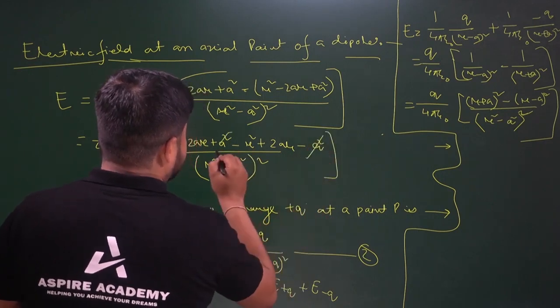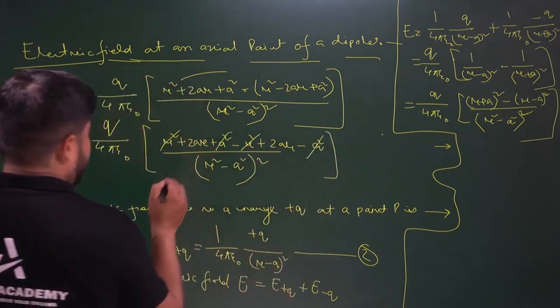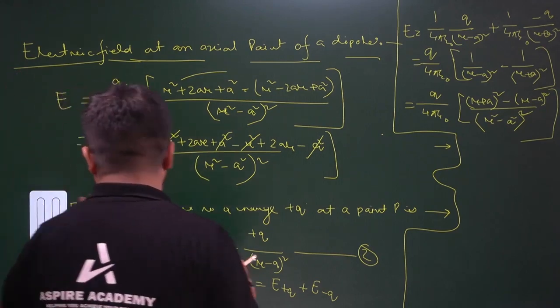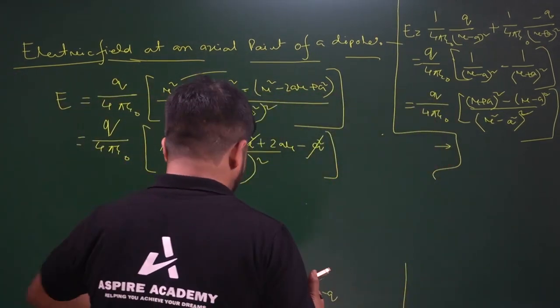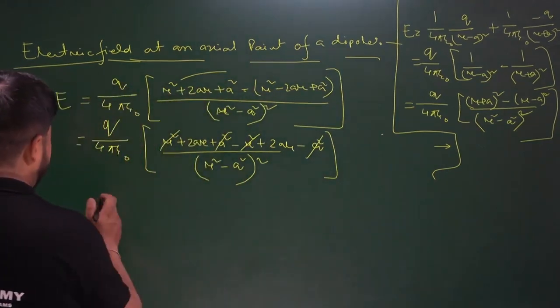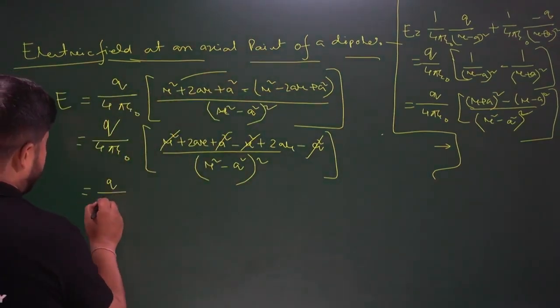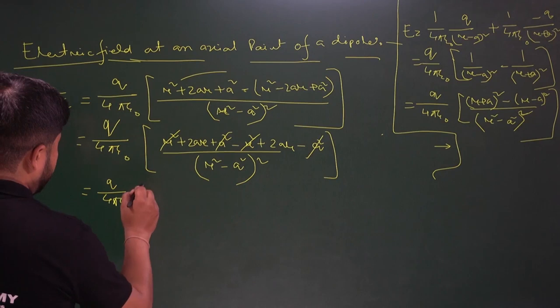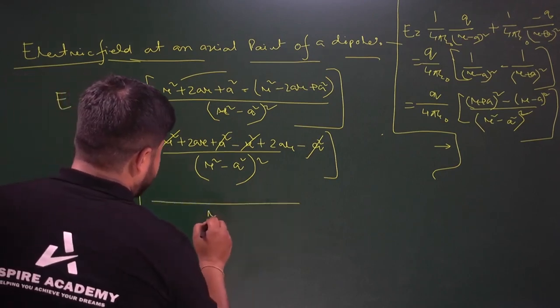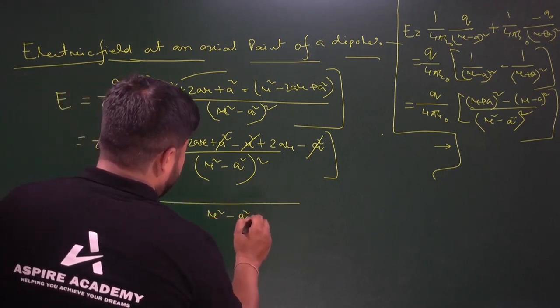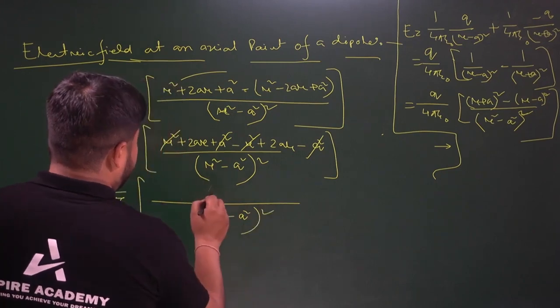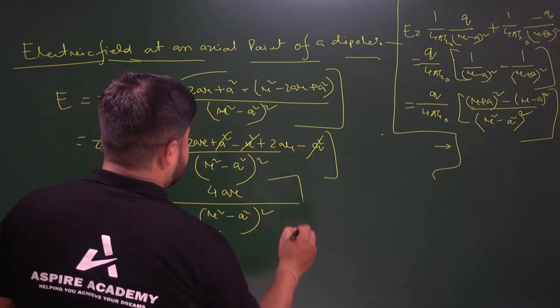So A square cancels, R square cancels. After that we are getting Q by 4 pi epsilon naught, 4AR divided by (R square minus A square) whole square.